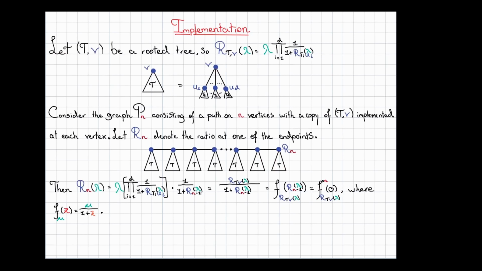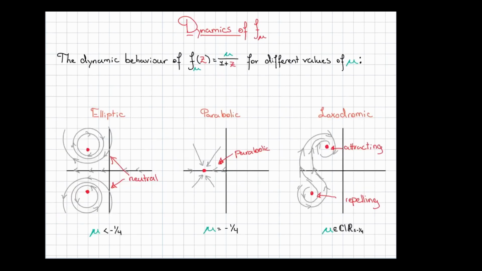So this motivates us to look at the dynamics of this particular Möbius transformation. So what happens under iteration of this particular Möbius transformation? That's not hard to figure out, and this is the picture.